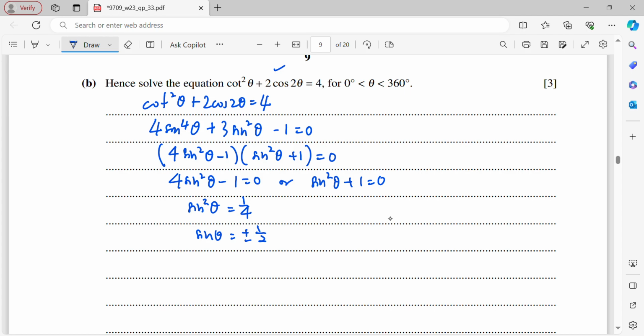But for the second term, sine squared theta equals minus 1. We know that whatever value you square will not be negative unless it is a complex number. Obviously theta is not a complex number, therefore there is no solution. So now we just need to solve sine theta equals plus or minus half for this interval.